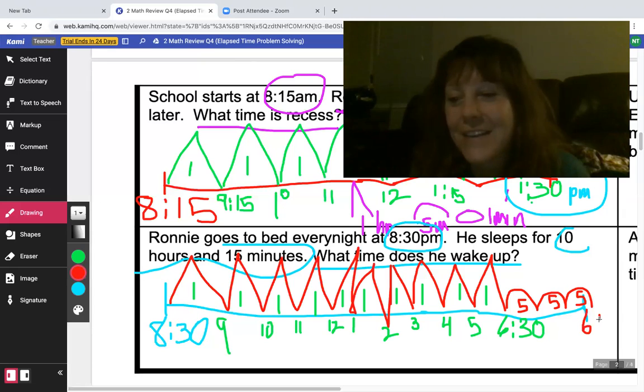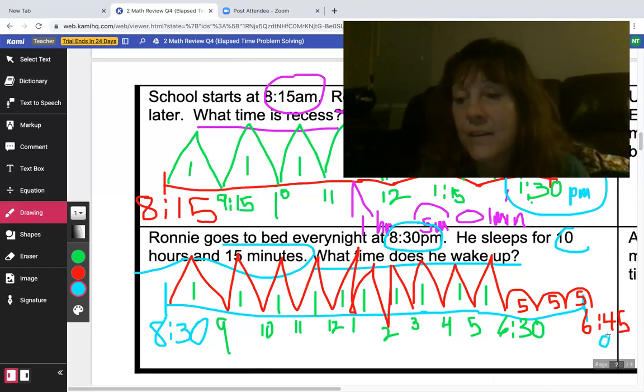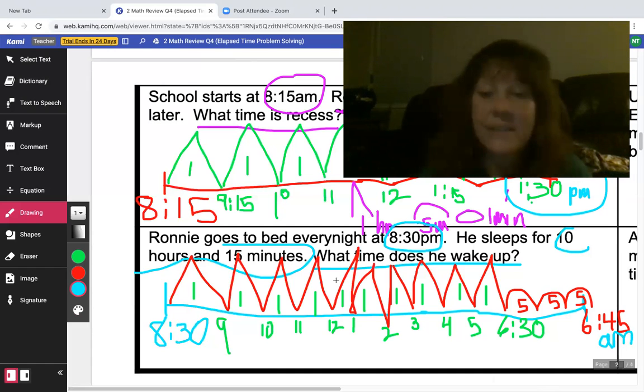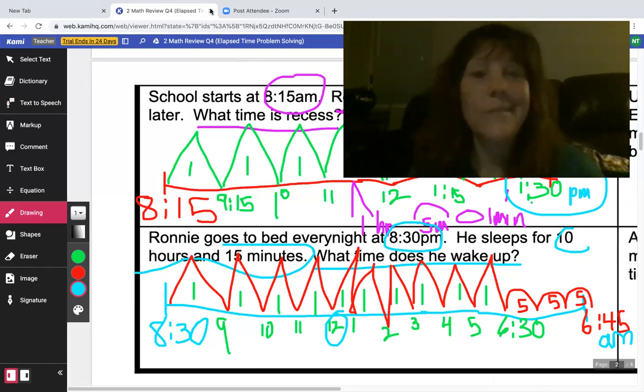So he gets up still pretty early in the morning. I like his schedule. So 6:45, and it would be a.m., right? Because it's the morning. He went to bed at 8:30 p.m. We passed midnight, so that's when we switched to a.m.